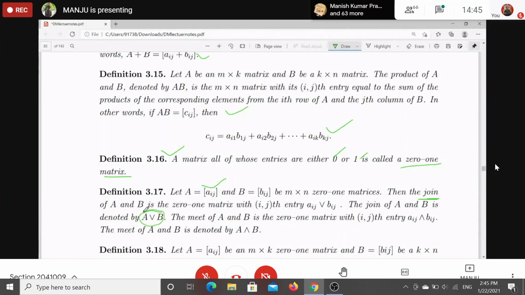The symbol for join is the symbol for disjunction. This will be like the sum. What we do in case of sum, we add the ijth element of A with the ijth element of B. Same thing, we will take the disjunction of the ijth element of A and the ijth element of B. Understood?